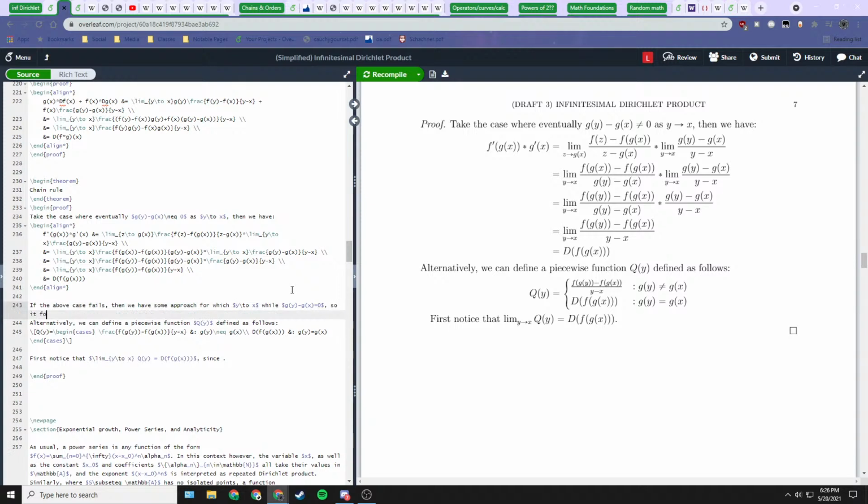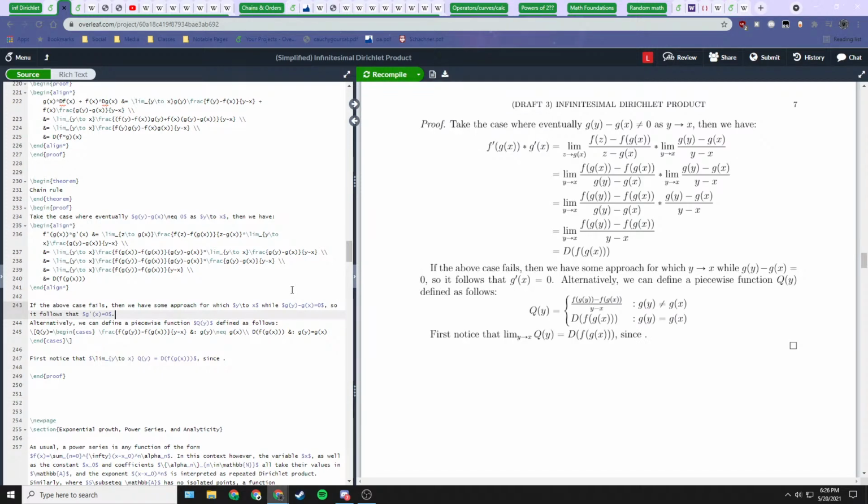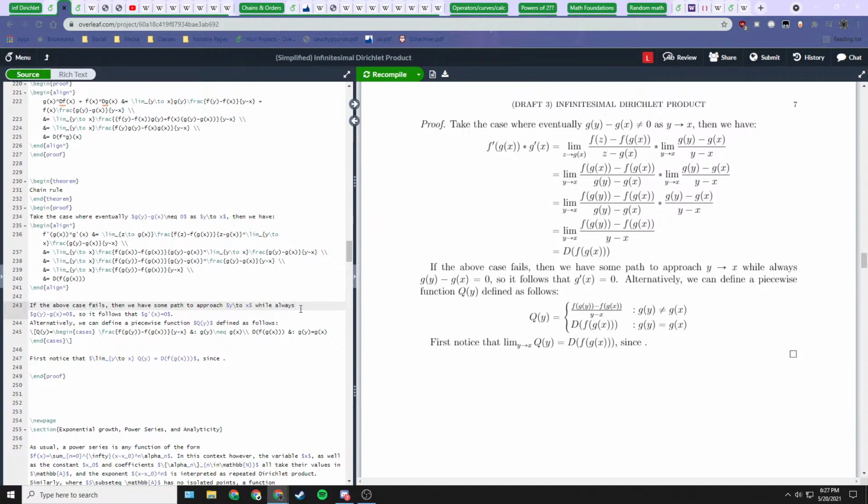So it follows that g prime at x is 0. This just follows from the definition as a difference quotient.